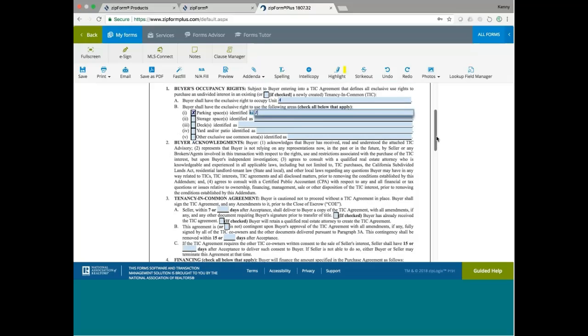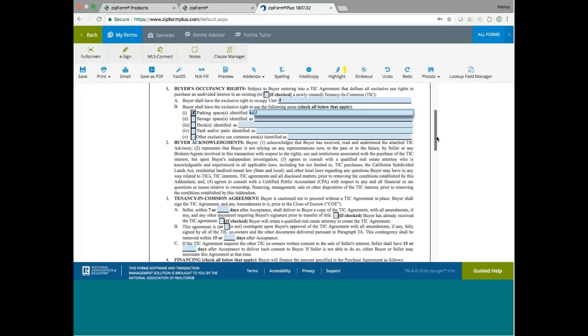Buyer acknowledgement. The buyer acknowledges that buyer has received, read, and understood the attached TIC advisory. There is an advisory known as a TIC advisory. We'll get to that advisory in a little bit after we're through with this addendum.